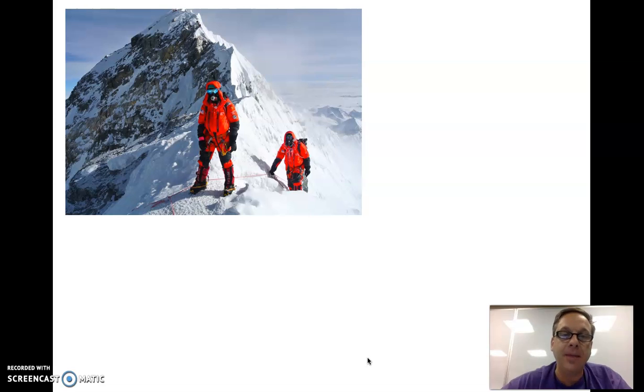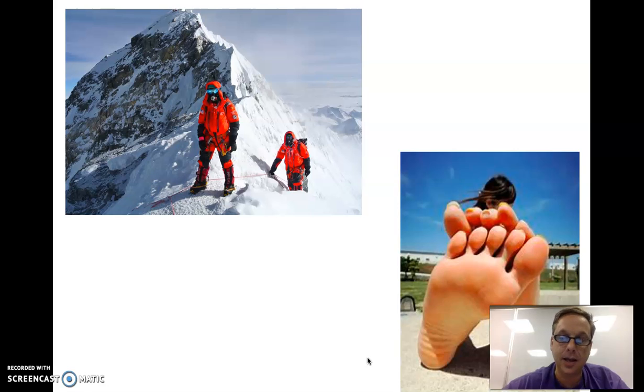Some people climbing Mount Everest, an amazing task. And we have these, right? The whole thing, not just the end. Again, the easiest one to figure out, to identify, probably this one. What do you call these? You call them feet, right?